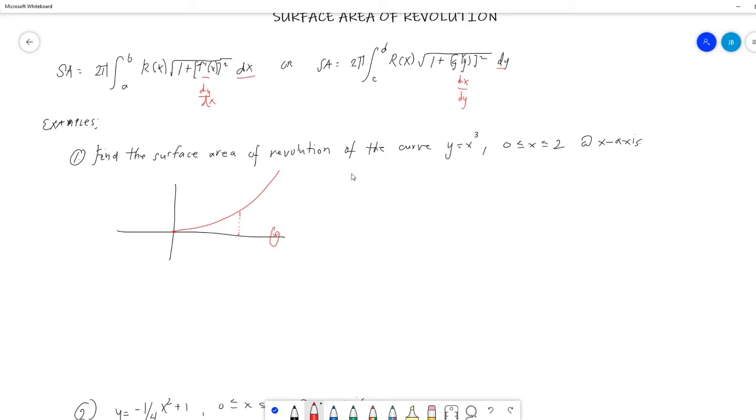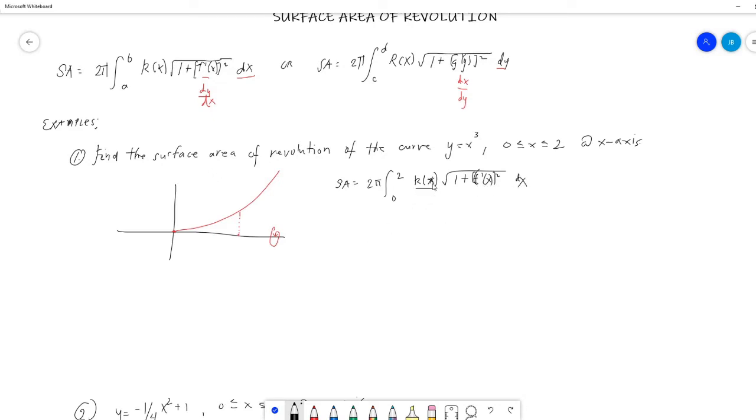So let's write our formula to solve. The surface area is equal to 2 pi, from 0 to 2, R of x, which we will write first for now, then square root of 1 plus f prime of x squared, then dx.